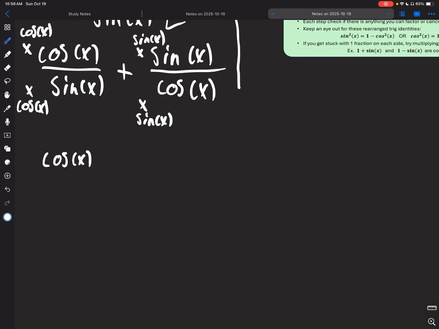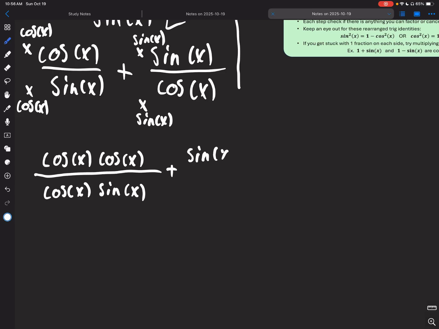So now what we're going to have is cos x over cos x sine x plus sine x over cos x sine x. Okay, so now our bottoms match.